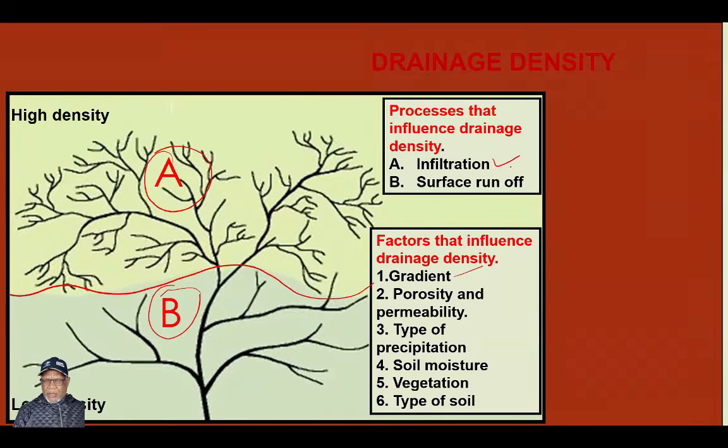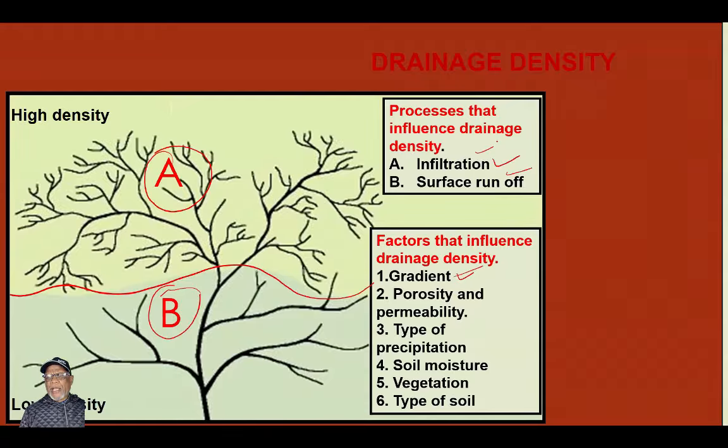And now, how did the gradient influence density at A? Then you say at A, the gradient is steeper, and therefore there is more surface runoff and less infiltration. That is why we have high density. That is how you approach your question.